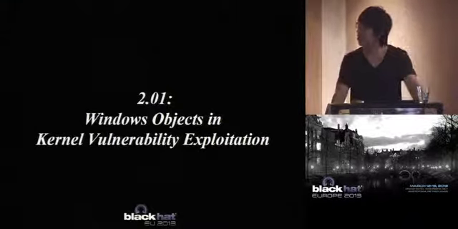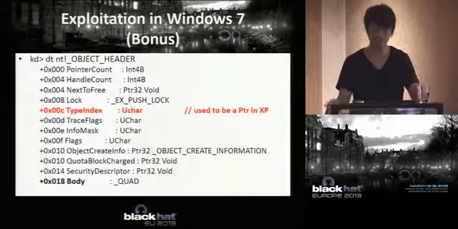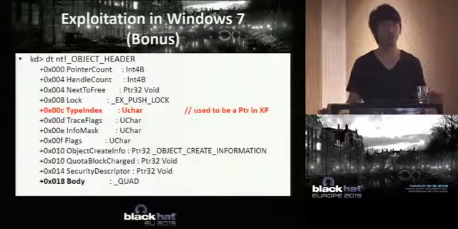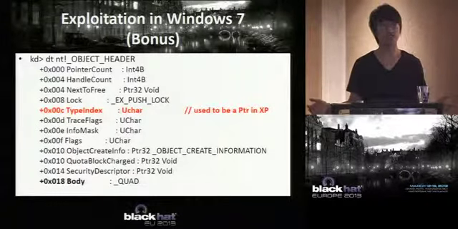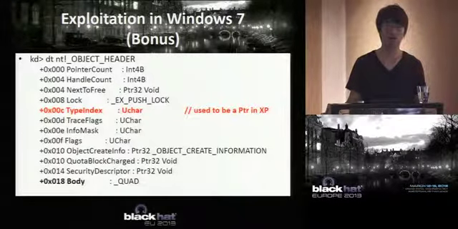And let's go to the exploitation part. To utilize a Windows object for kernel vulnerability exploitation is to find some data structure like a function pointer or index, then use the overflow vulnerability to modify it.